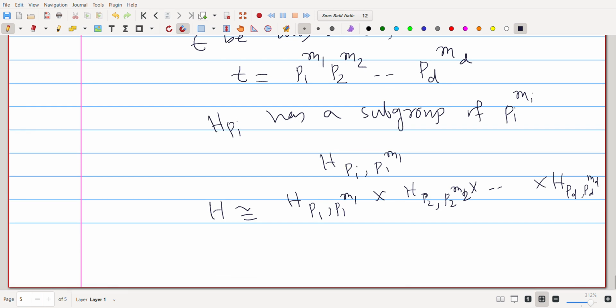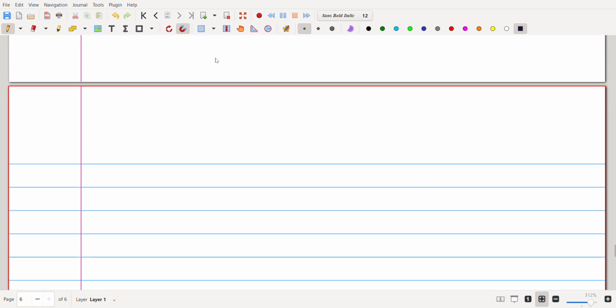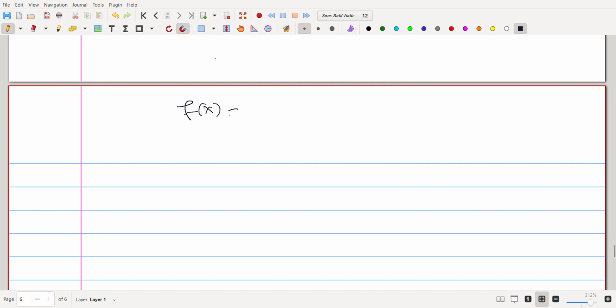I think this one is very easy from ring theory if you know the definition. So it is saying that f(x) equal to x square plus x plus 1 and g(x) equal to x square plus x minus 2.